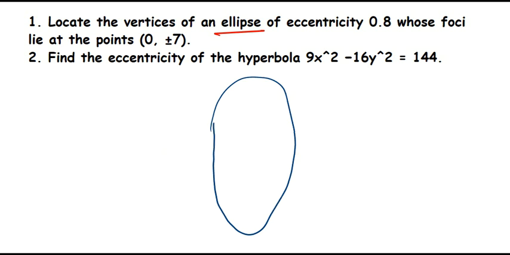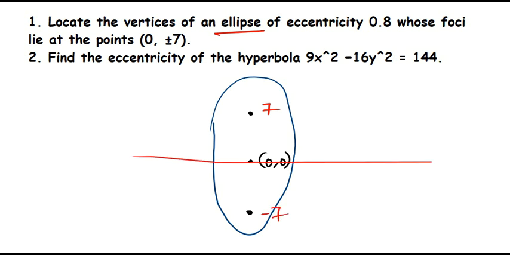So plus or minus 7, so that's a foci, right? So positive 7 and negative 7, assuming the center is about the origin. So one there is positive 7, one is negative 7.